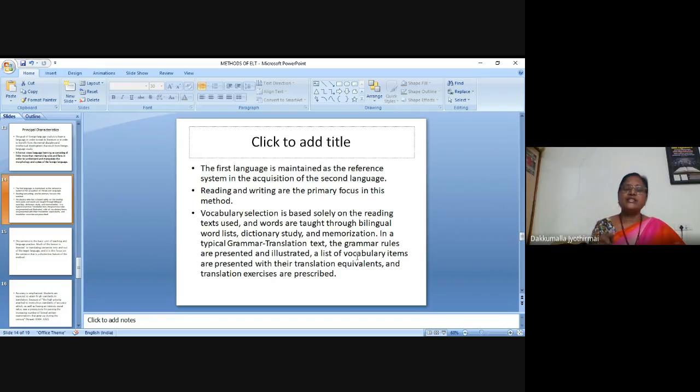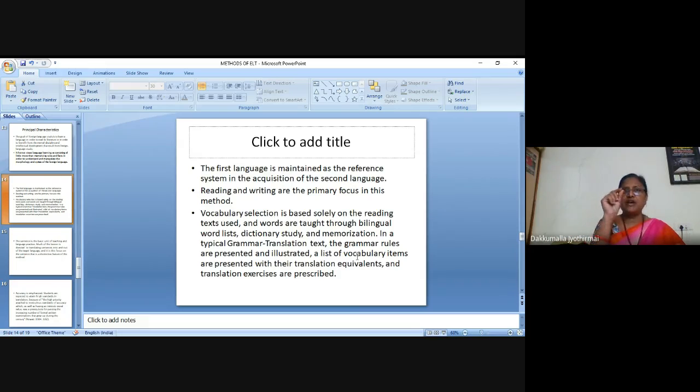Okay, the next characteristic is that vocabulary selection is based solely on the reading texts used. So how will you develop the vocabulary? The selection is based on the texts that are used for reading, and words are taught through bilingual word lists.